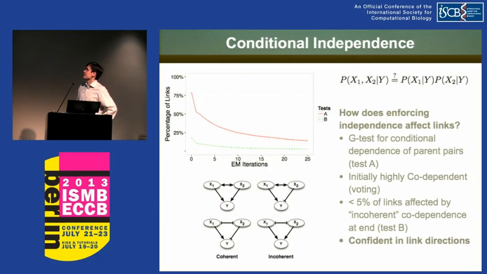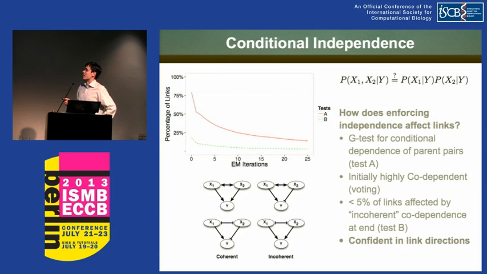So here we're testing the conditional independence assumption made by the independent model. It's a pretty similar g-test to what I described earlier, only now we're looking at the independence of every pair of parents given their child. At our starting point, we used that voting initialization, which is highly conditionally dependent.